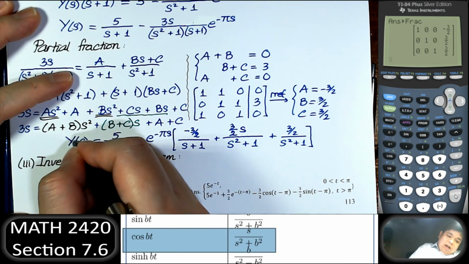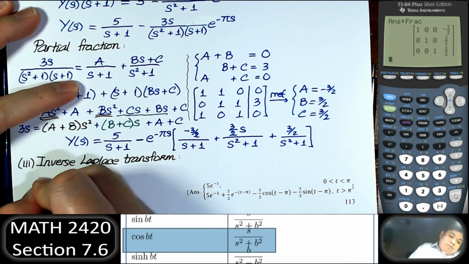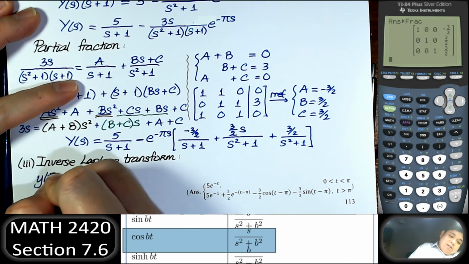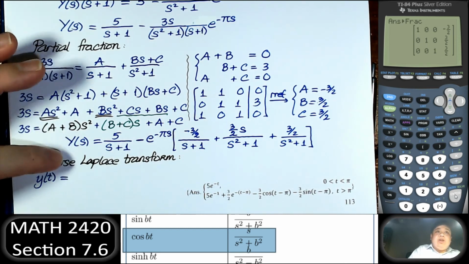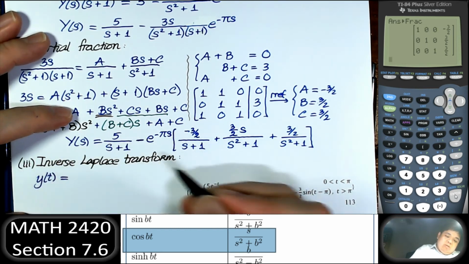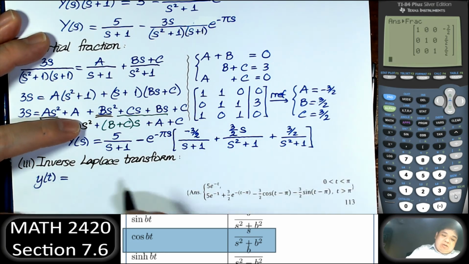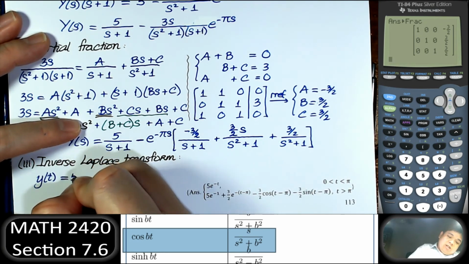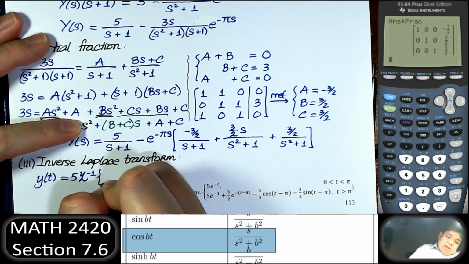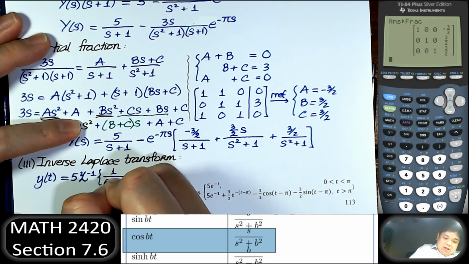So transform this back, we should have y of t equal to, of course, inverse transform of that gives us y of t. Now just transform everything, take out a constant. Inverse transform of 1 over s plus 1.